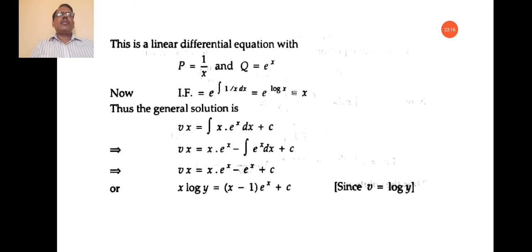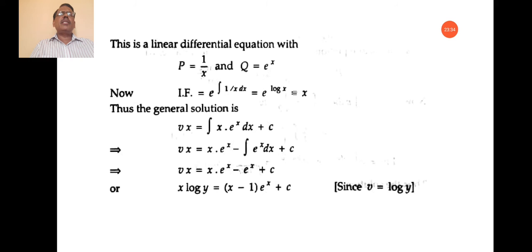Integrating factor is equal to e to the power of integral of p dx, p is 1 by x dx. So this is e to the power of log x, and e and log cancel, that is equal to x. So integrating factor is equal to x.